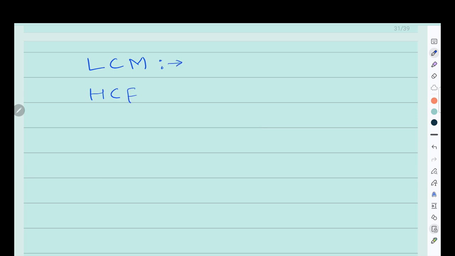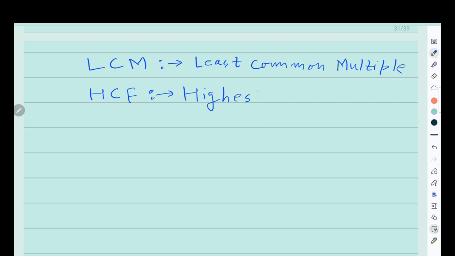So LCM, what is LCM? It is least common multiple. Okay, least common multiple, and then HCF is highest common factor. So this is a very important concept.